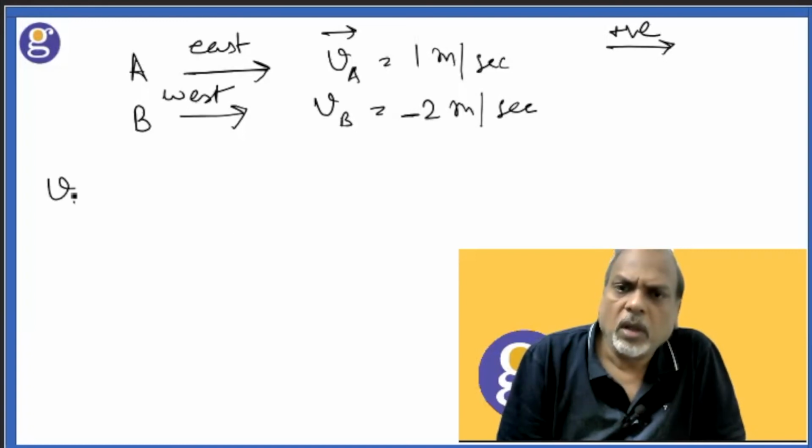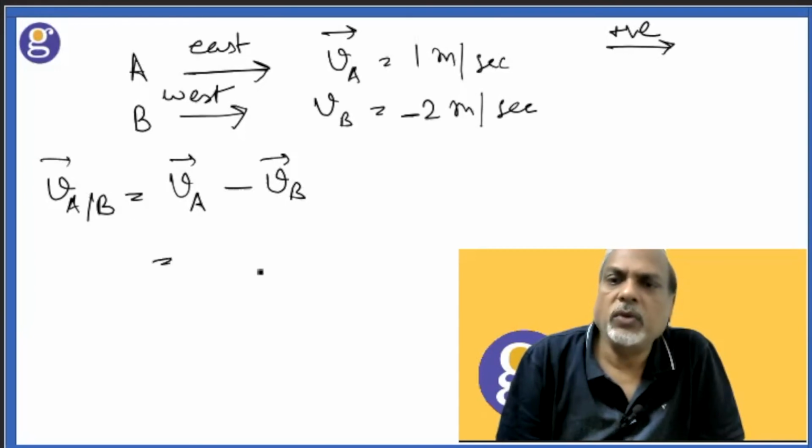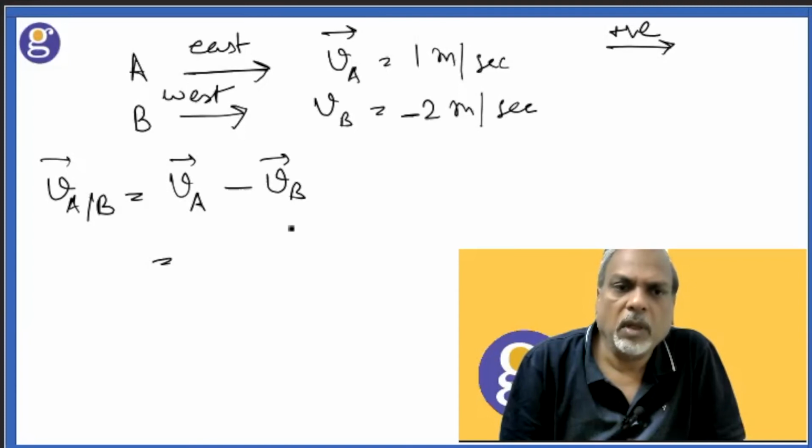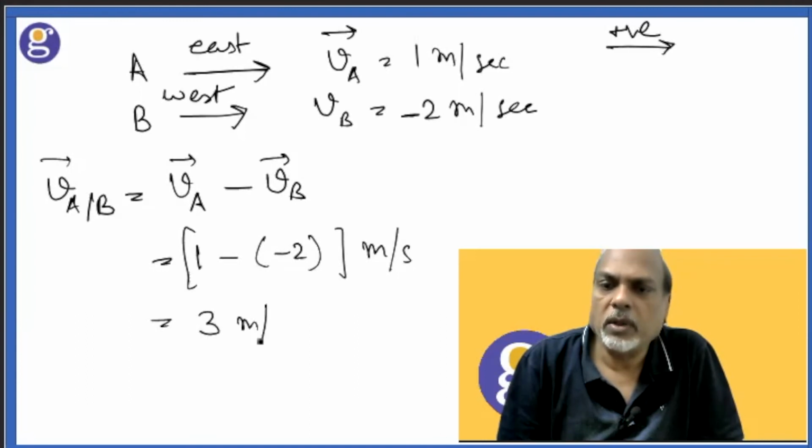Now, velocity of A with respect to B, as we have derived, is VA minus VB, and we can write this in simple form as 1 minus minus 2 meter per second. That is 3 meter per second.